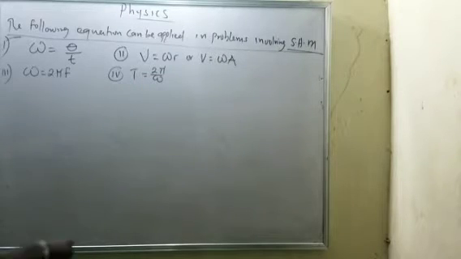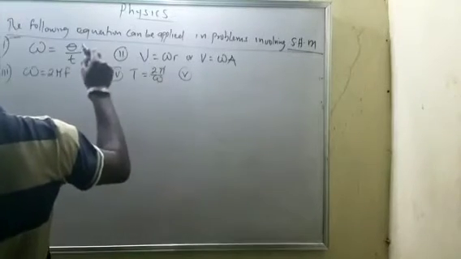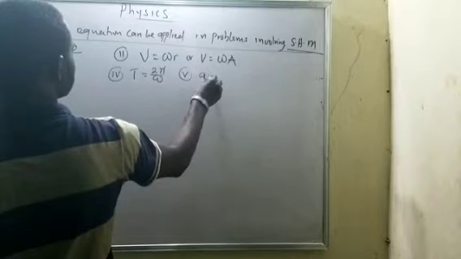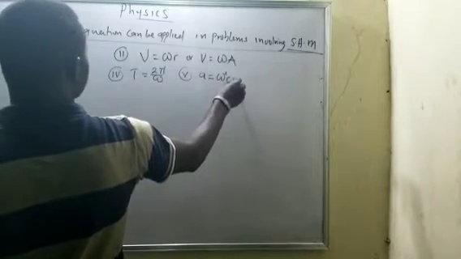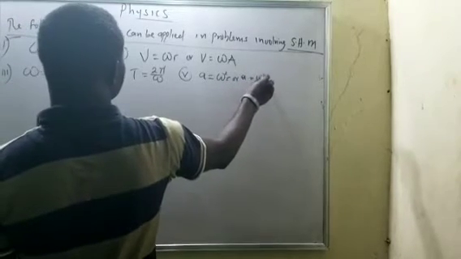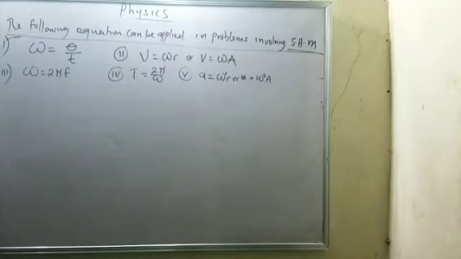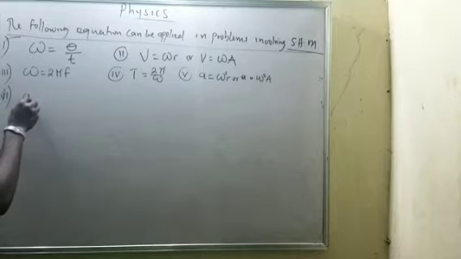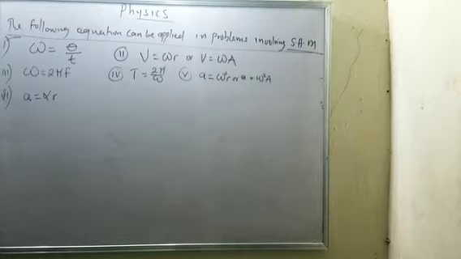I can also say that my 5 can also be equal to acceleration equals angular velocity squared times amplitude. Now, I can also say that my 6 can also be equal to my acceleration equals alpha times radius.